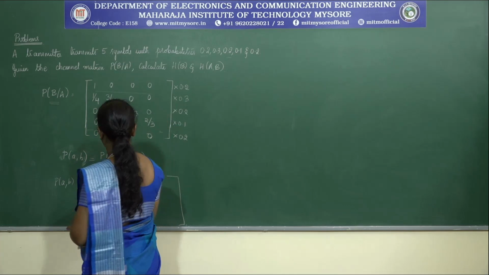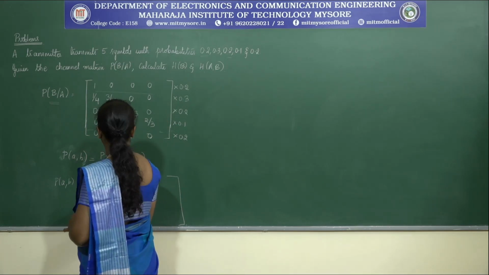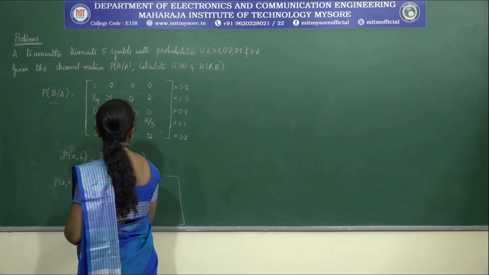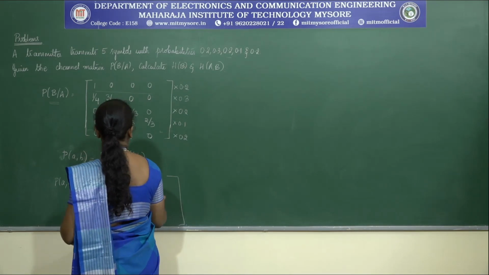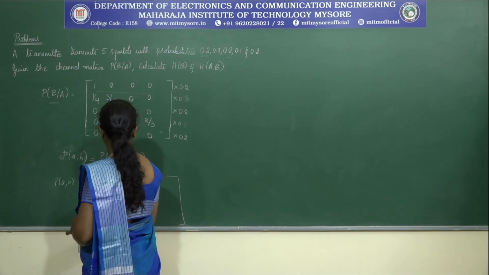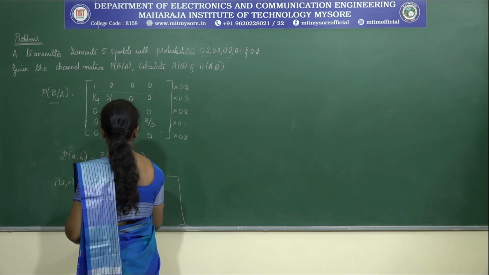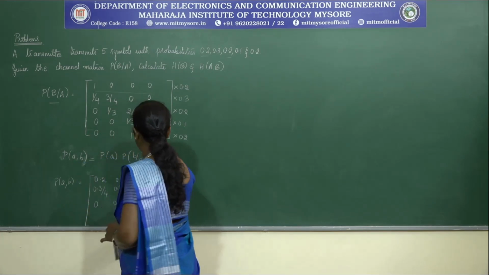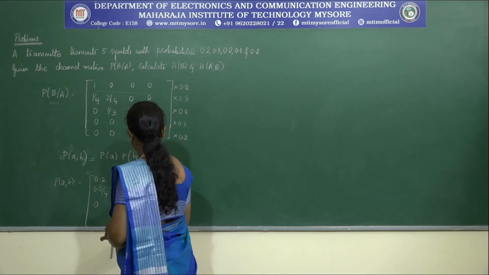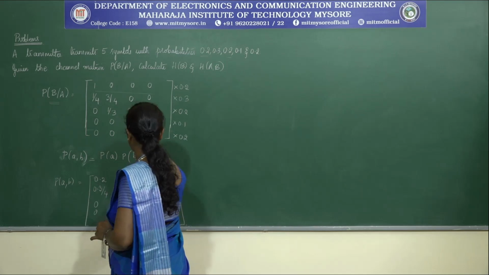Then we have 0.3 by 4, then 0.3 into 3 divided by 4, and 0, 0. Then 0.2 by 3, 0.2 into 2 divided by 3, and 0, 0.